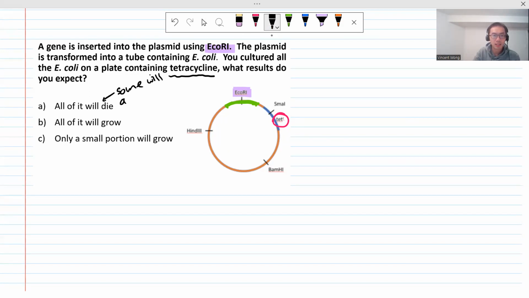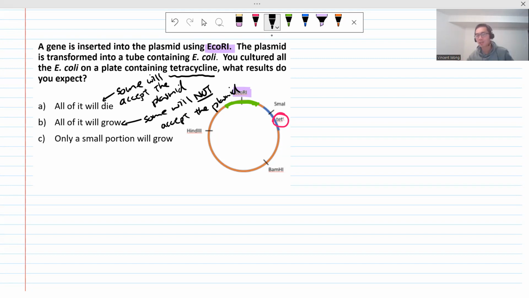Some will accept the plasmid. All of it will grow? No, that's not true. Some will not accept the plasmid. Okay, if the bacteria accepted the plasmid, they will grow.